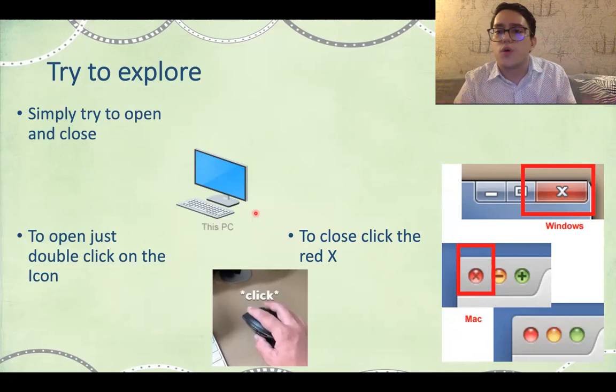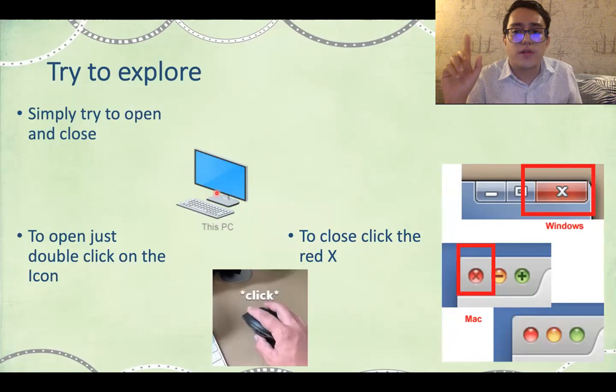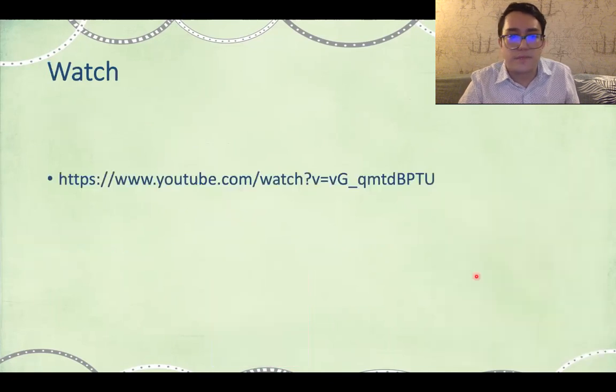Just try to open it, that's all. So try to double click This PC, all right? You double click, it opens a window, right? And then just try to close it. You just click on this red X. Look how it looks on your PC. Maybe it looks like this or like this.